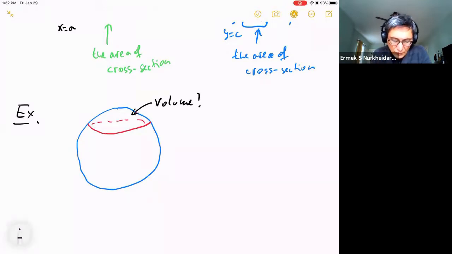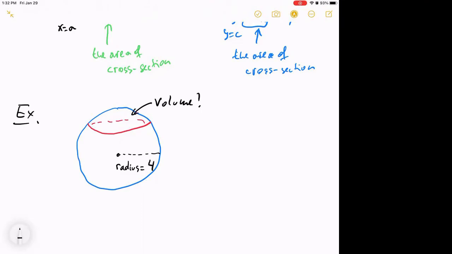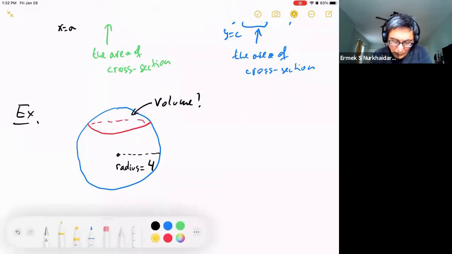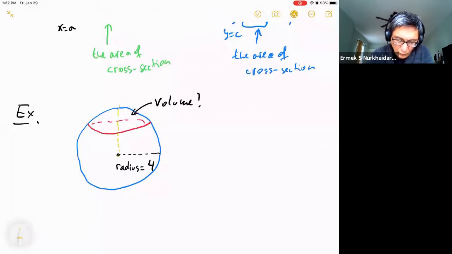Let's introduce some numbers, and then maybe we'll be able to do the calculations. First thing we need to know is the radius of the sphere. I guess I will need a number. Let's pick 4. Radius 4. Now, from that sphere of radius 4, again, we cut that top part. When we cut it off, somewhere here, perpendicular to the radius, that's how our cut is going to happen.